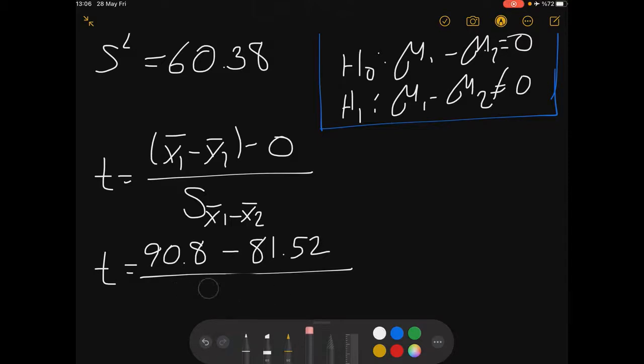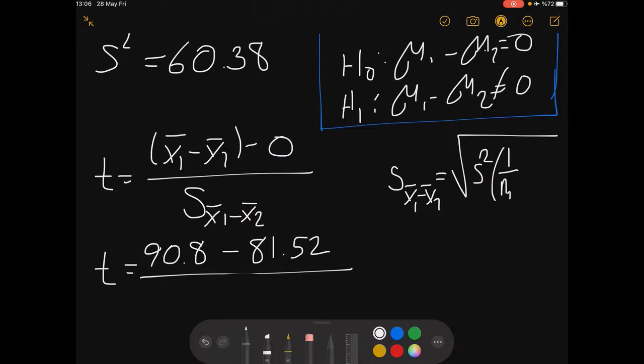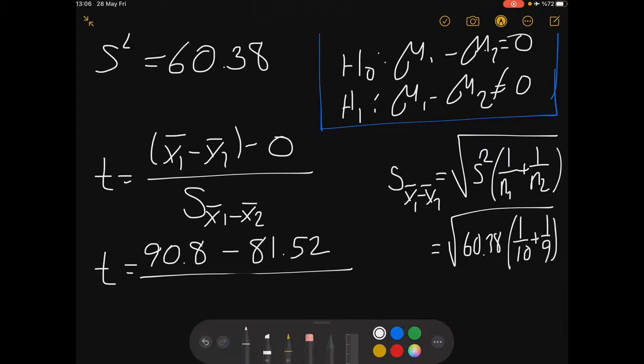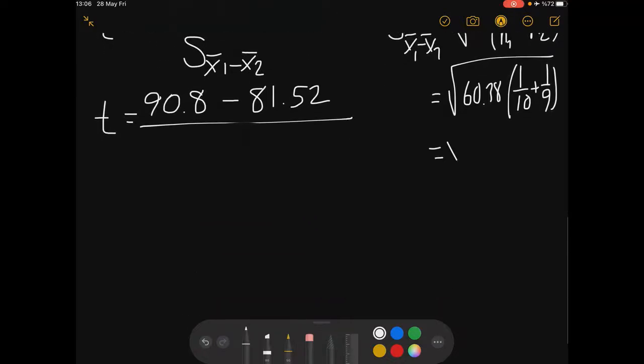But hold on. How do we get s of x1 minus x2 here? Do you remember, when you have this combined n1 plus n2, the combined standard deviation will result in something like this: square root of 60.28 times 1 over 10 plus 1 over 9, which is the square root of 12.747, and that should be 3.57.